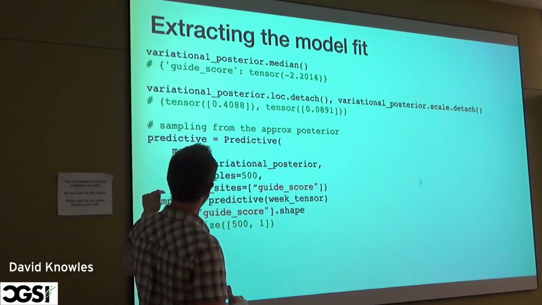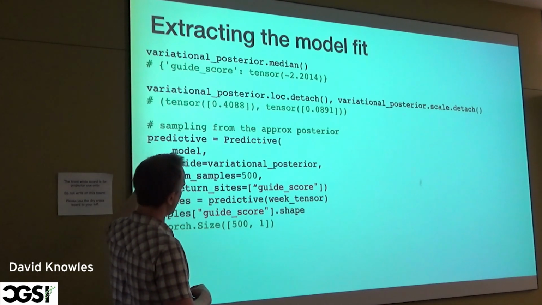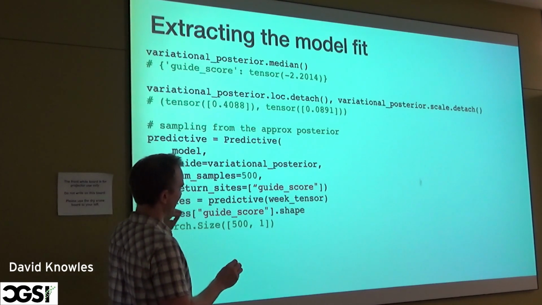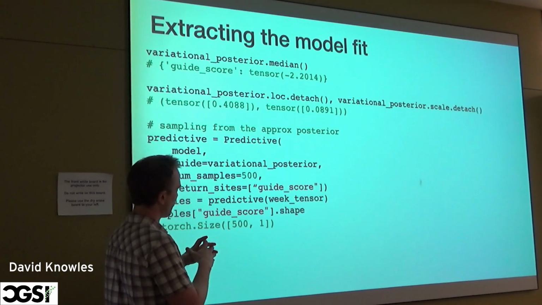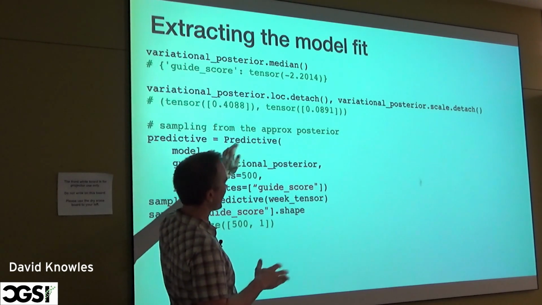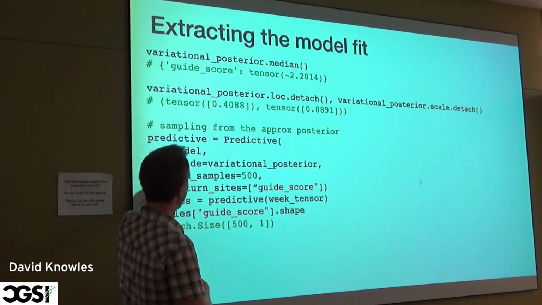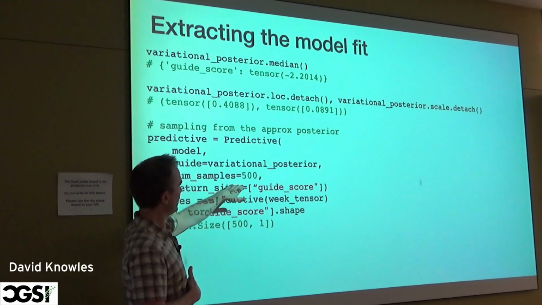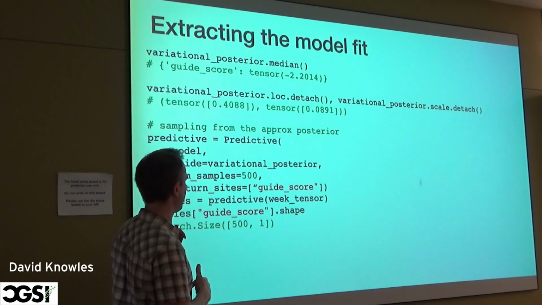Then the other thing you can do is sample from the approximate posterior. This is one of the things that I think Pyro could be a bit nicer with in how the API works, because it uses this predictive function, which is awkward naming, but let's not worry about that. So this is how we would sample 500 samples from the variational posterior that we've fit.